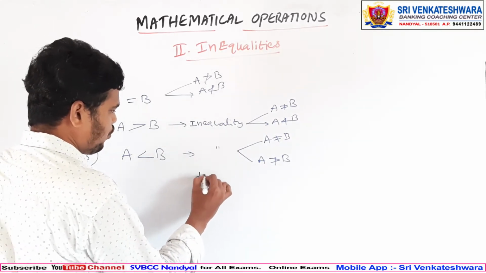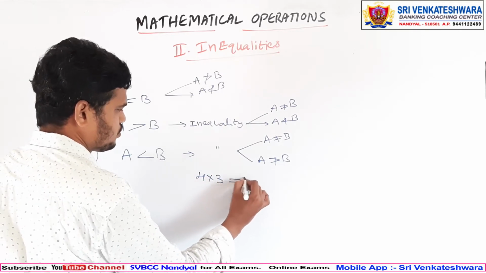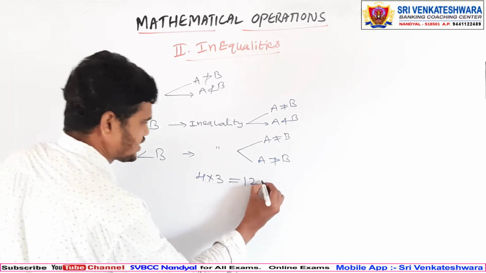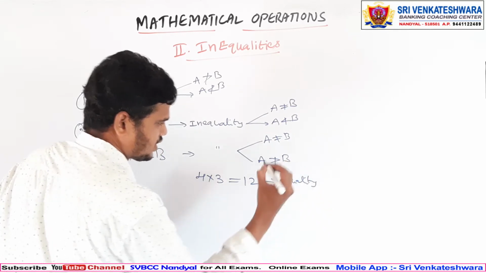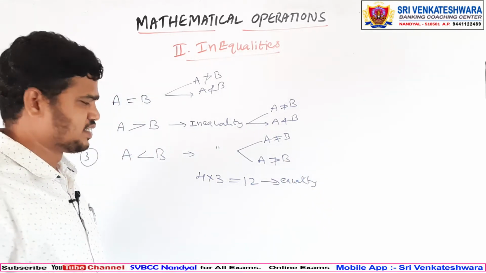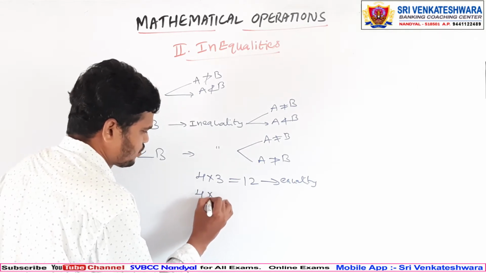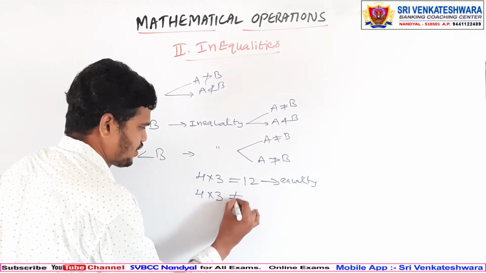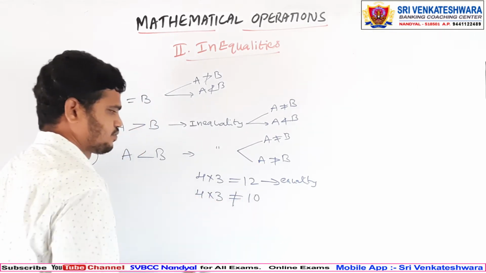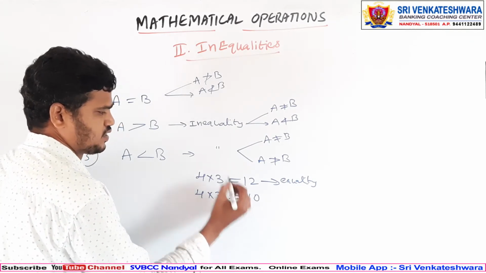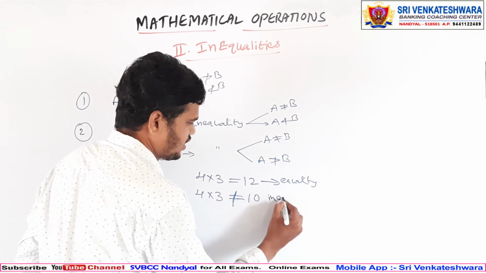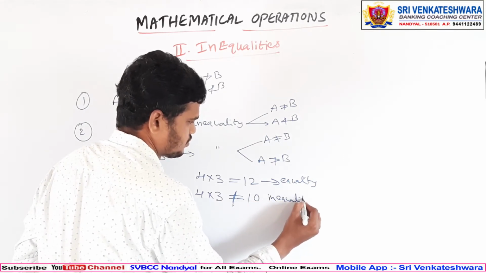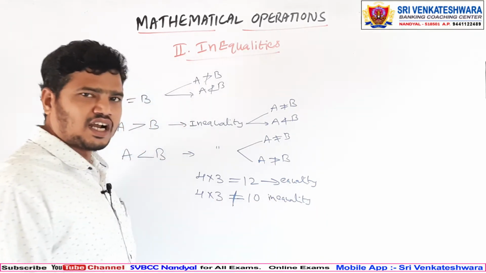For example, 4 into 3 is equal to 12. This case is called an equality. See, 4 into 3 is not equal to 10. This is called an inequality.